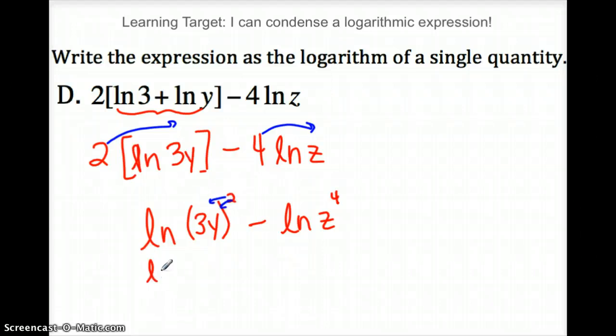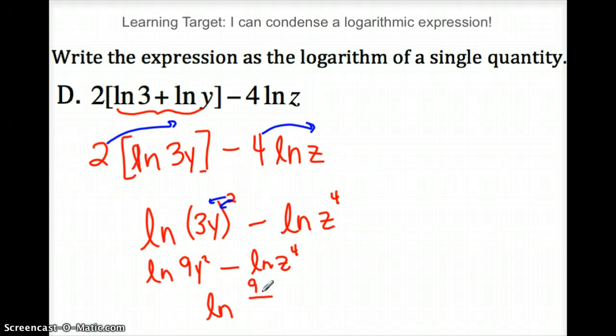So we really have natural log of 3 squared, which is 9, y squared, minus natural log of z to the 4th. And then we still have 2 natural logs, and I want to write it as a single. So ask ourselves, why do we have subtraction? Because there was division: 9y squared divided by z to the 4th. And this would be the complete condensing.